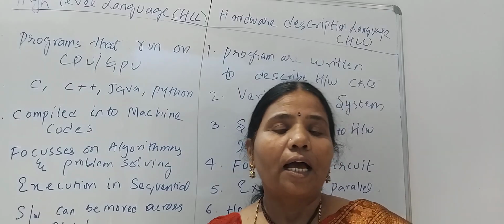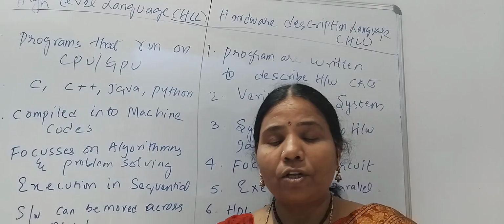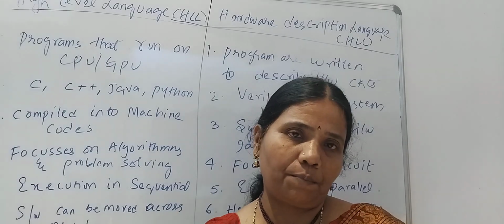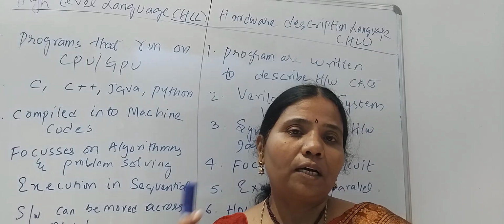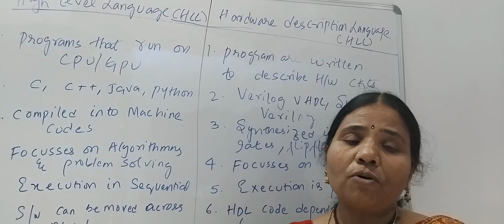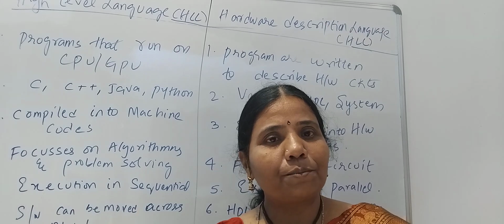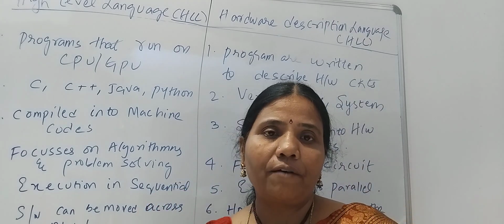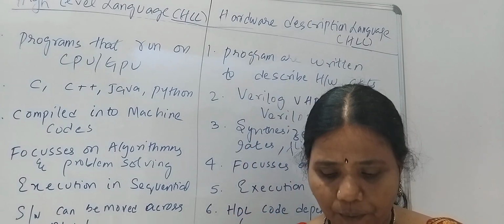And when we write the program in English level without considering the hardware circuits of the CPU, that type of programming we call high level language programming. Apart from binary level, assembly level, and high level programming, there is another level of programming, that is hardware description language programming.